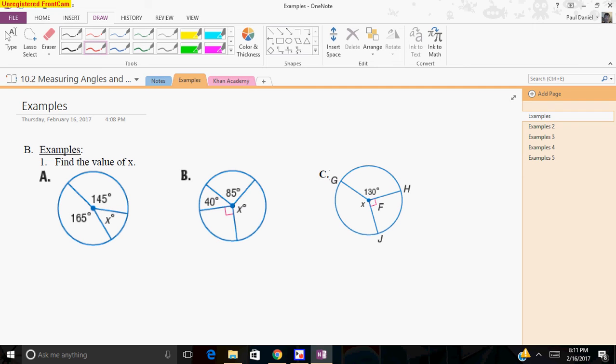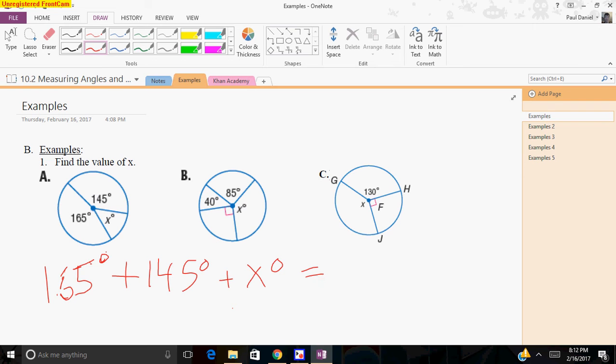So in example 1, the first part says, for all these three things, we want to find the value of x. And in this circle for part A, I see that they've given me these two angles of 165 degrees and 145 degrees, and I've also been given x degrees.